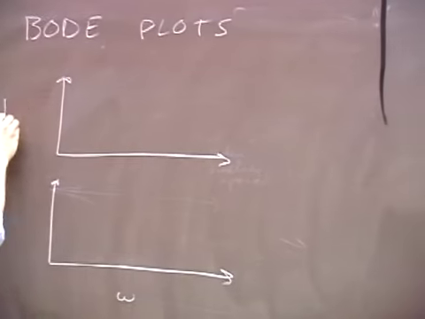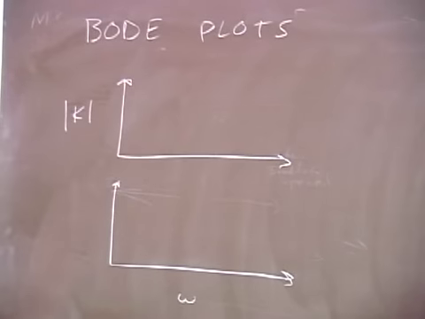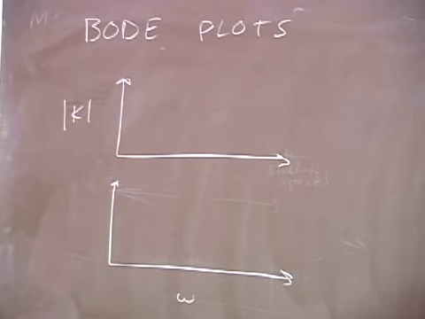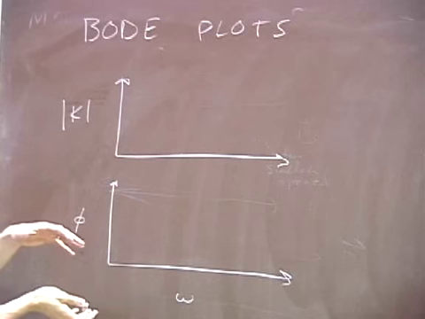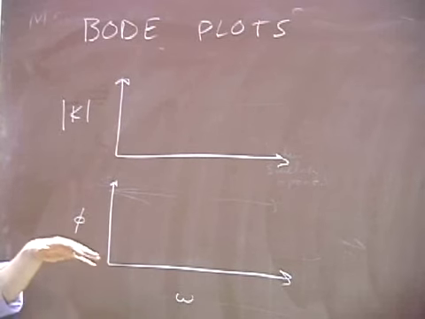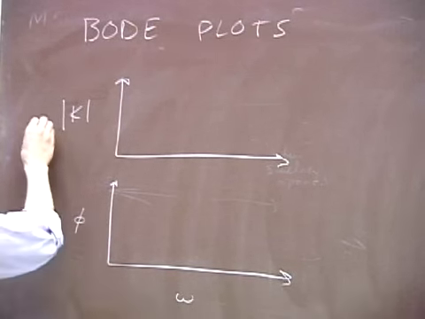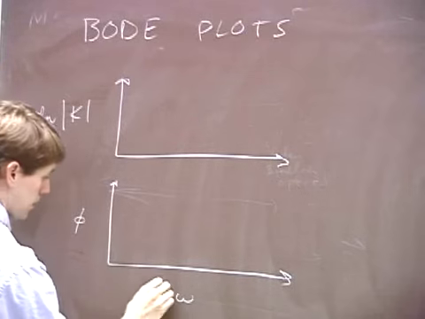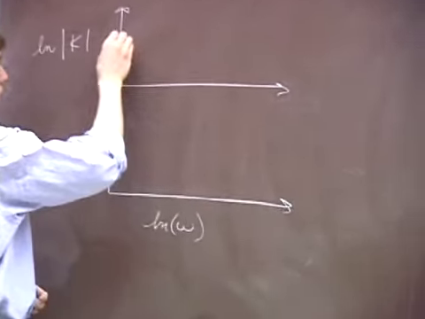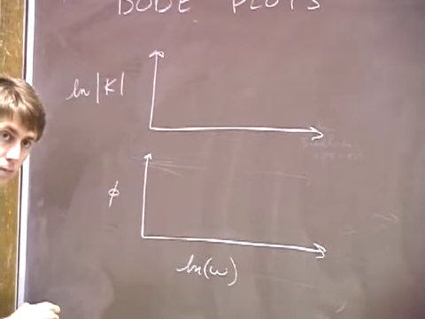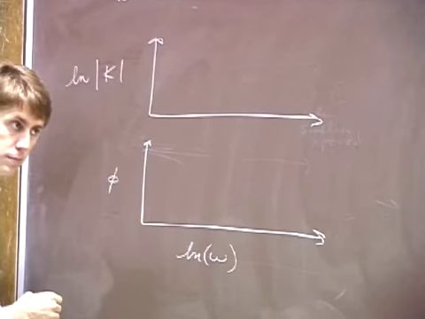Now I'm going to plot the absolute value of the vector K and its phase. And in fact, physicists love to see the behavior over many decades, or many orders of magnitude. So we do a log-log plot of this. Do you usually use natural log, or is it conventional to use base 10?